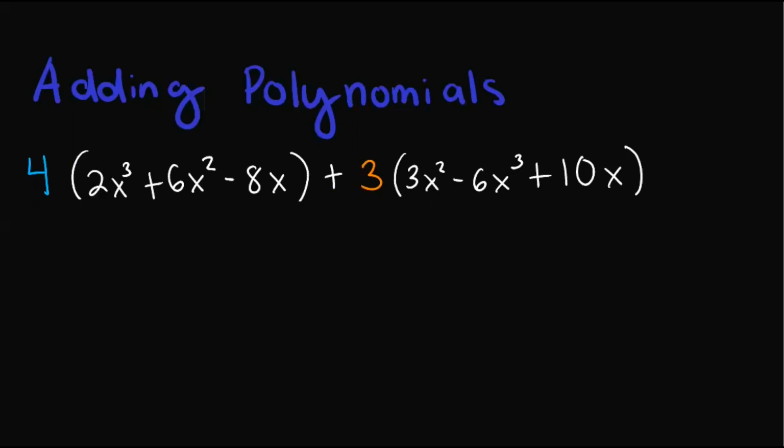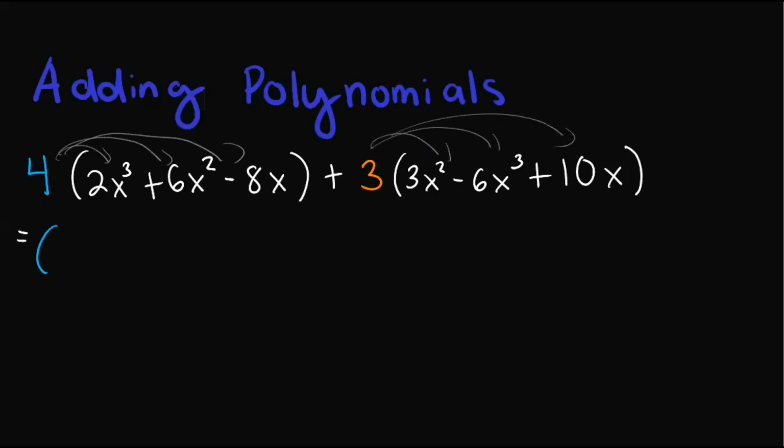Now the key thing, although we're still not in multiplying polynomials, is if there is a coefficient outside the polynomial, what we do is we distribute it to each term. And so this one is equal to 4 times 2x cubed.